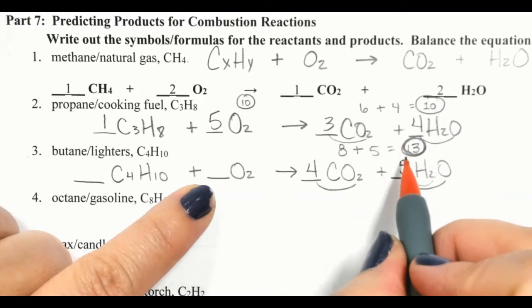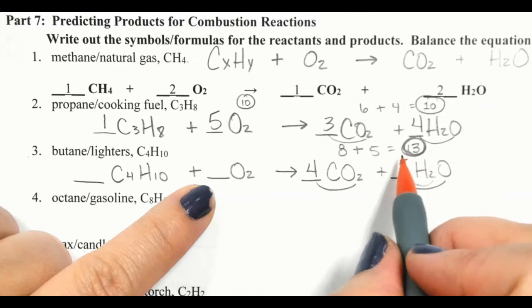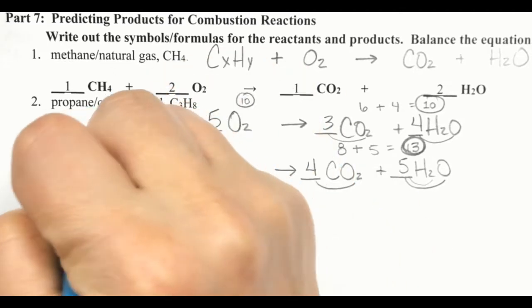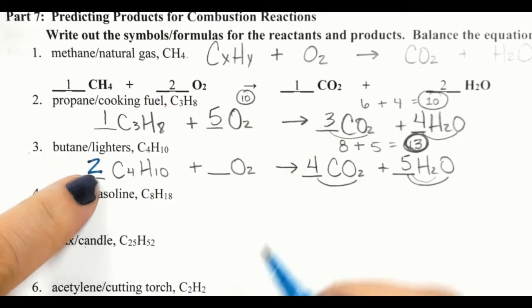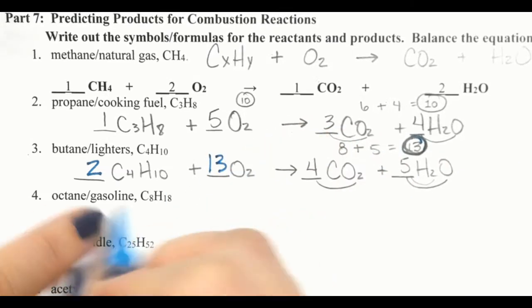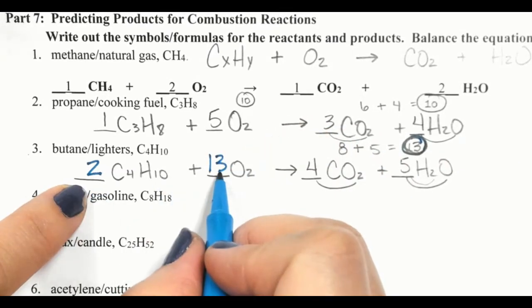So when you have an odd number of oxygens on the right side, you're going to want to do these two things. We're going to put a 2 in this blank, and we're going to put this odd number right here in this blank. So you're going to get a 2 there. That's going to be a 13.